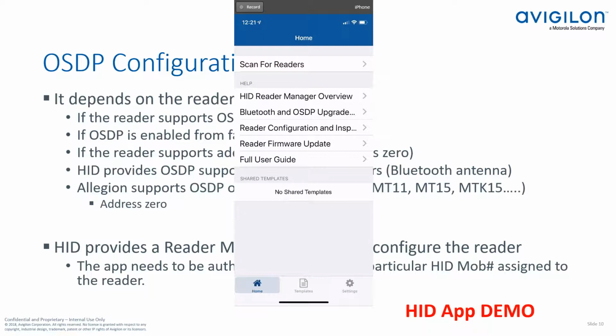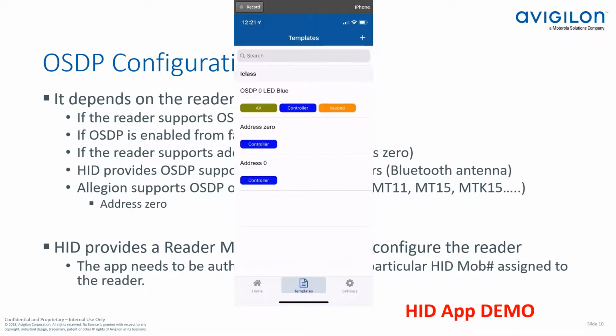So this is their application. You have a couple of things. I'll give you a little tour of the app. Down here at the bottom, you have the option to create templates. In other words, you can save a configuration and apply that configuration to a reader automatically. You can select the reader and say apply this configuration, and now you get the reader configured the way you want it. Okay.